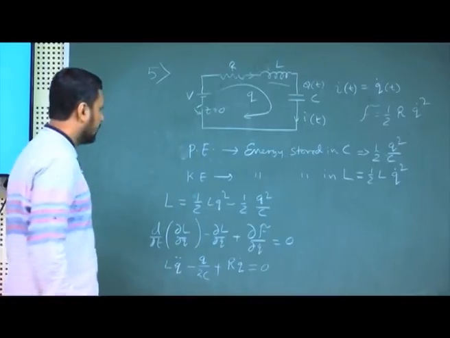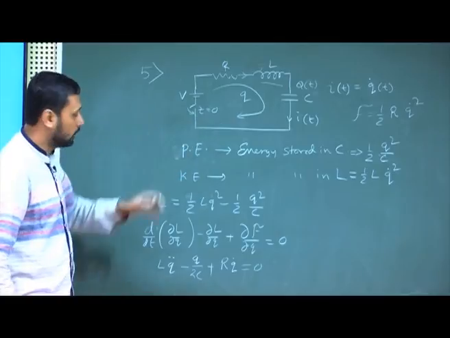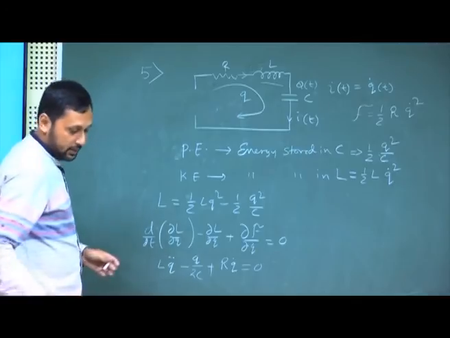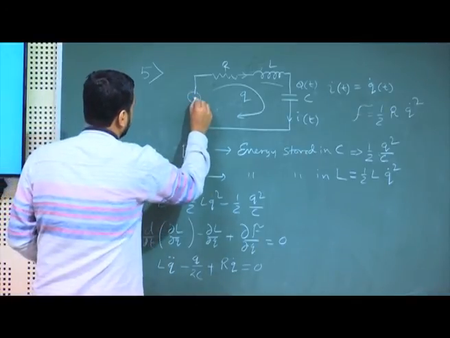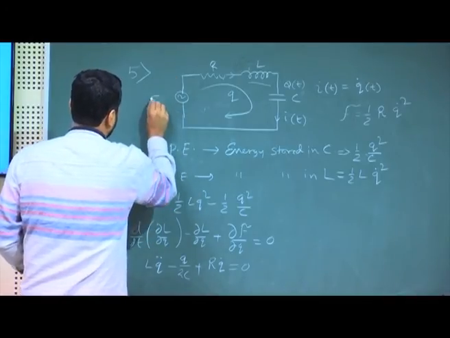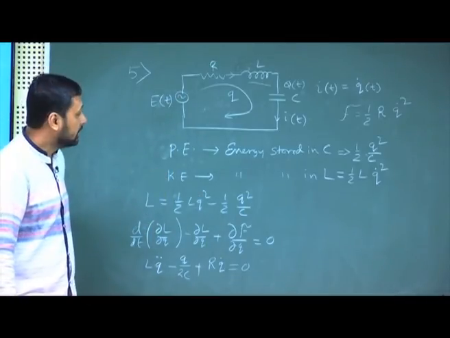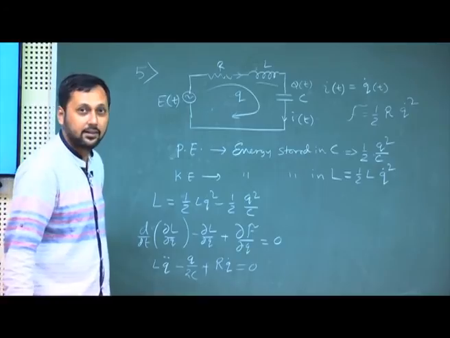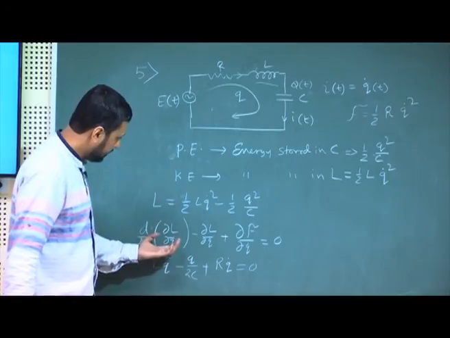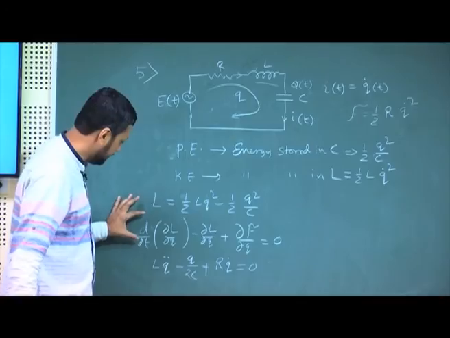Now, this is when we have a battery in the system, and the switch is closed at t equal to 0. But if we have a driving force in the system, or rather a driving potential E, this is something which cannot be included in the Lagrangian in any form. When we write this equation of motion, the terms are in the dimension of energy, and these are in the dimension of forces.